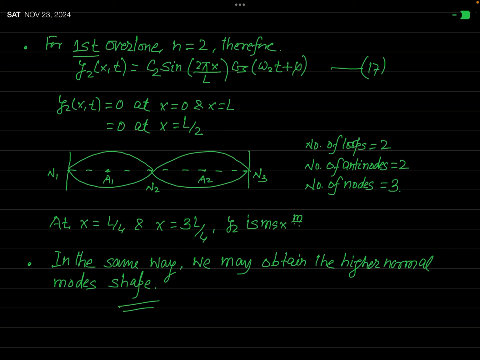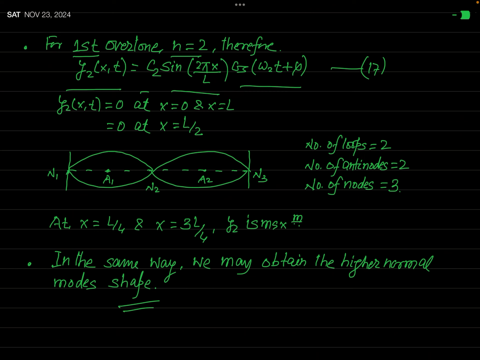Now we are talking about the first overtone or the second harmonic. For the first overtone or second harmonic, n is equal to 2, and therefore the displacement y2 of x,t is given as c2 times sine 2 pi x over L times this much. Now see this equation.